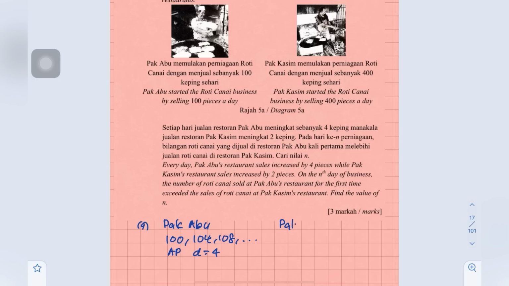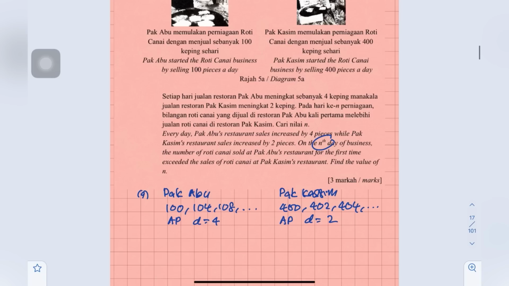Then Pak Kasim, 400, increase by 2: 402, 404. So this is an AP as well, but d is 2. Then they want the nth day, meaning Tn. The formula for Tn of an arithmetic progression is a plus (n minus 1)d.